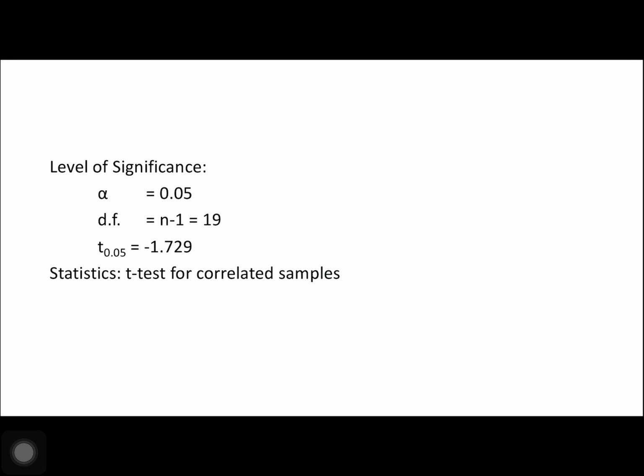As you have noticed here, we have there negative, because if the computed value of T is negative, then this will also be negative. It will follow the sign of our computed value. For the statistics, we will be using t-test for correlated samples.